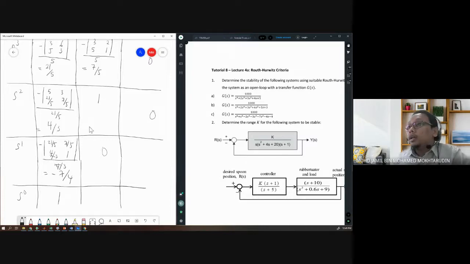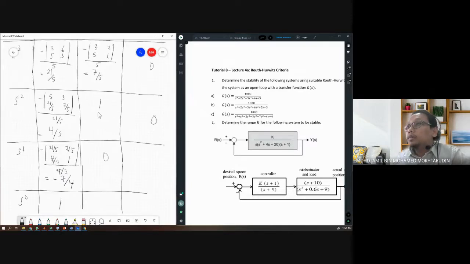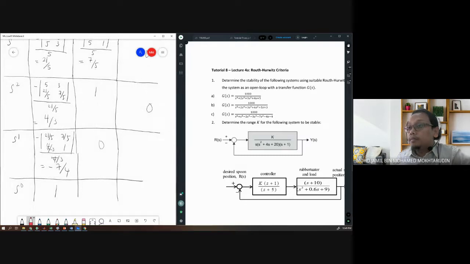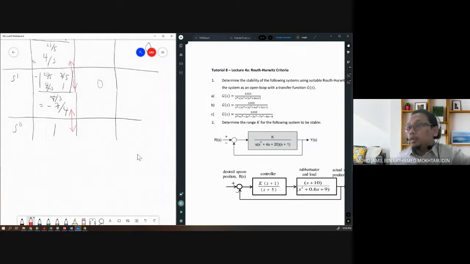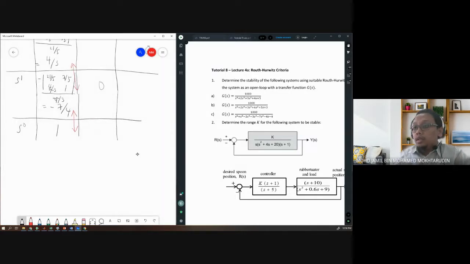And now we have two sign changes here. We get the first sign change from here to here, positive to negative, and then negative to positive. So from this Routh table, we know that there are two sign changes. So two sign changes mean that there are two poles on the right hand side of the S plane.